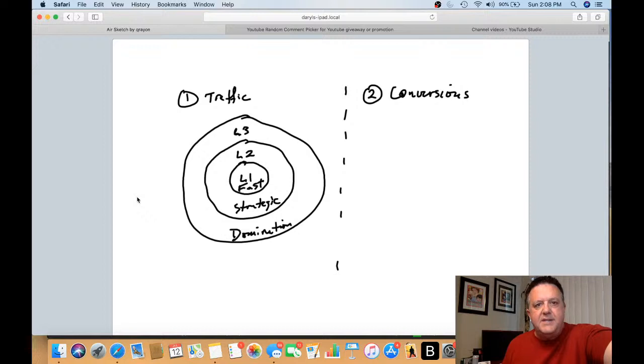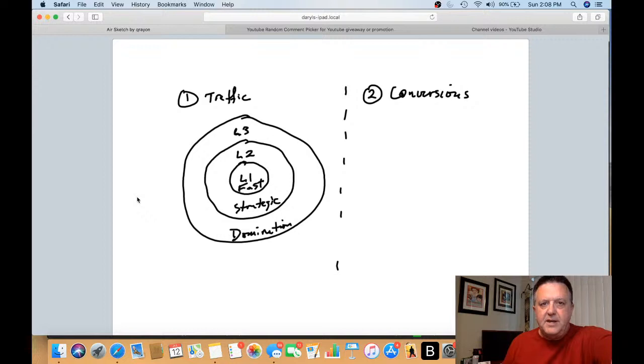Now, it has been said that the key to having a successful business is really just two things: traffic and conversions. Okay, so we're not going to spend much time with conversions today, but we're going to talk about traffic.